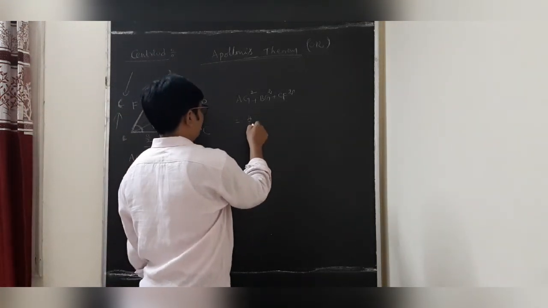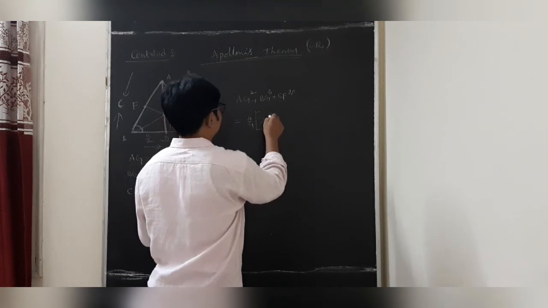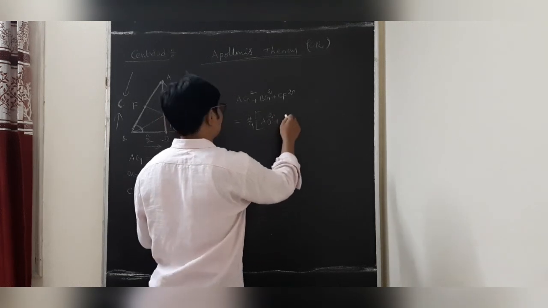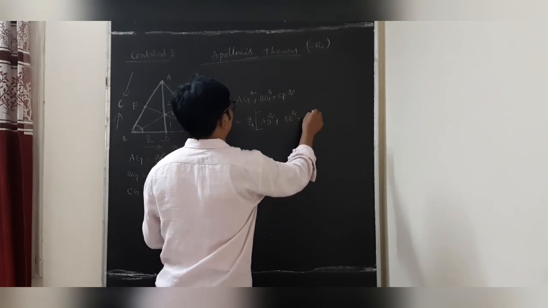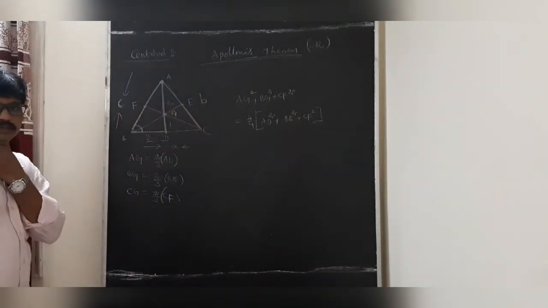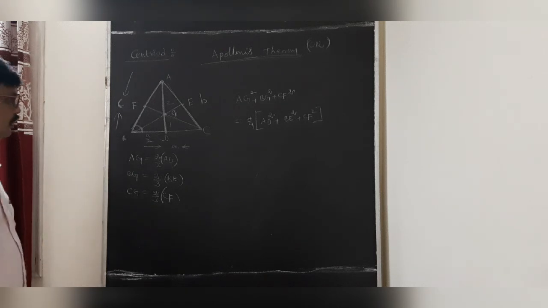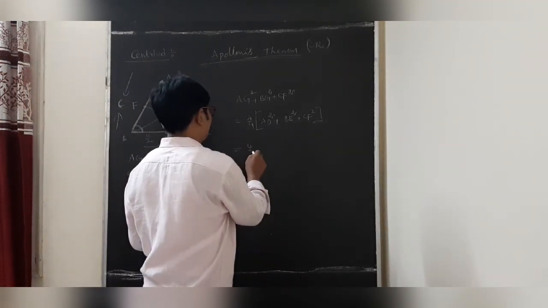So we have AD square plus BE square plus CF square. Dear students, here what we observe? This is the 4 by 9.